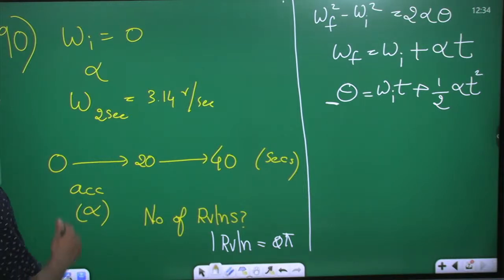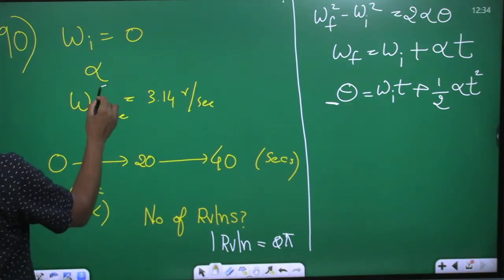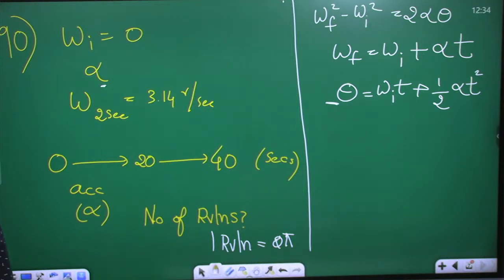First, from 0 to 20 seconds we have some acceleration. What is the value of that acceleration? We don't know, right? So how do we find it?